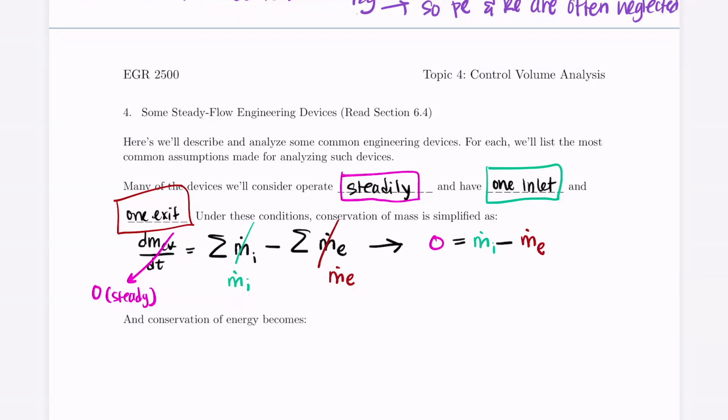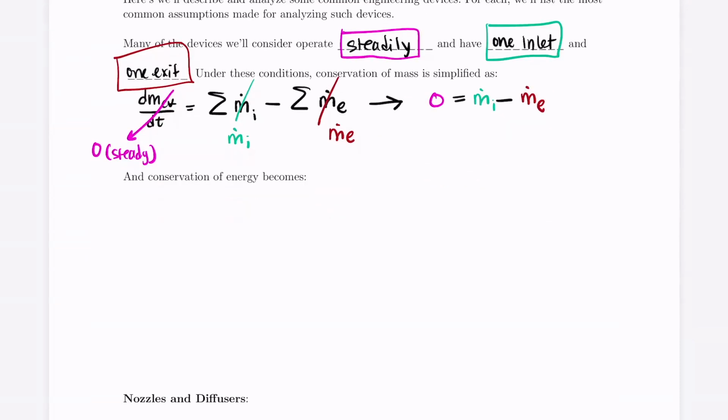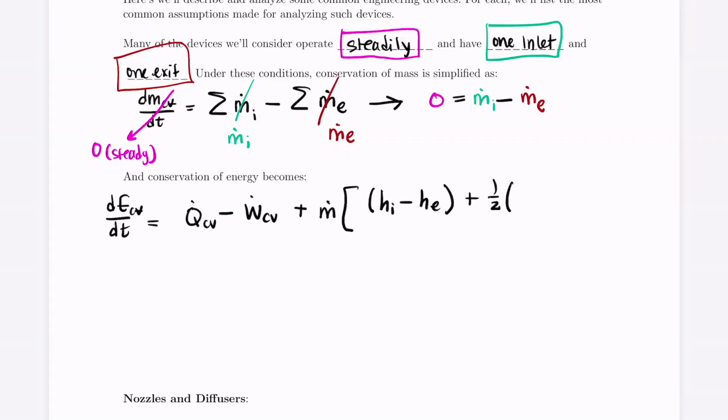All right. And our conservation of energy becomes the following. Our full conservation of energy is the time rate of change of the total energy in our control volume, which is equal to Q dot of our control volume minus W dot of our control volume plus m dot times the quantity (h_i minus h_e) plus 1/2 (V_i squared minus V_e squared) plus g times (z_i minus z_e).